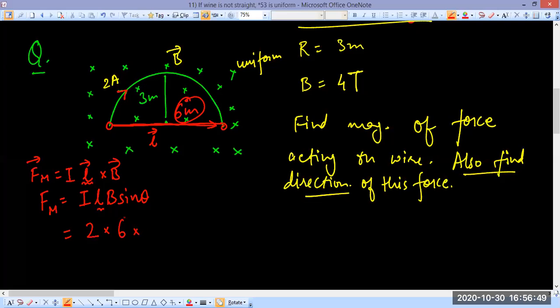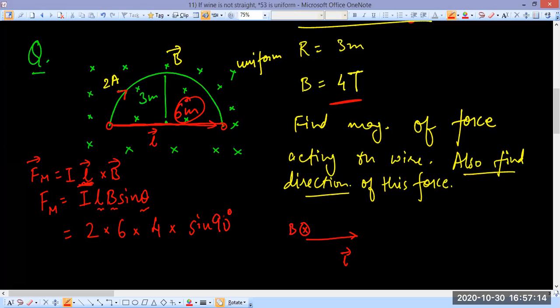Into B, the magnetic field, 4 Tesla, into sin theta. Theta means the angle between L and B. Again, theta means the angle between L and B. So L is on the right side and B is a cross, so the angle between the two is 90 degree.